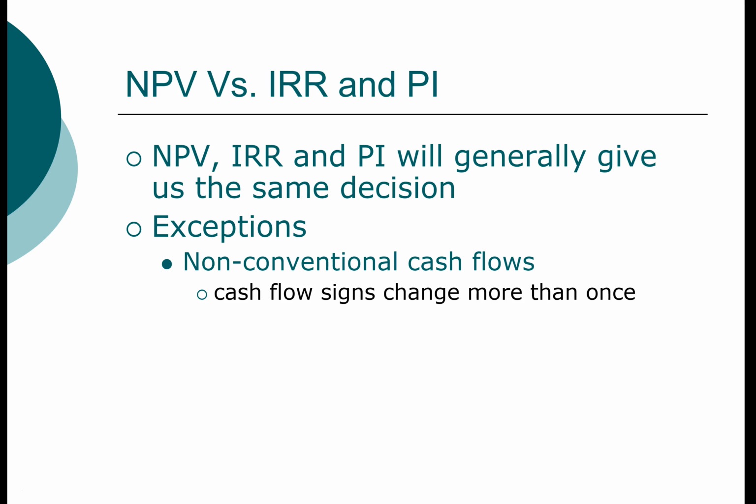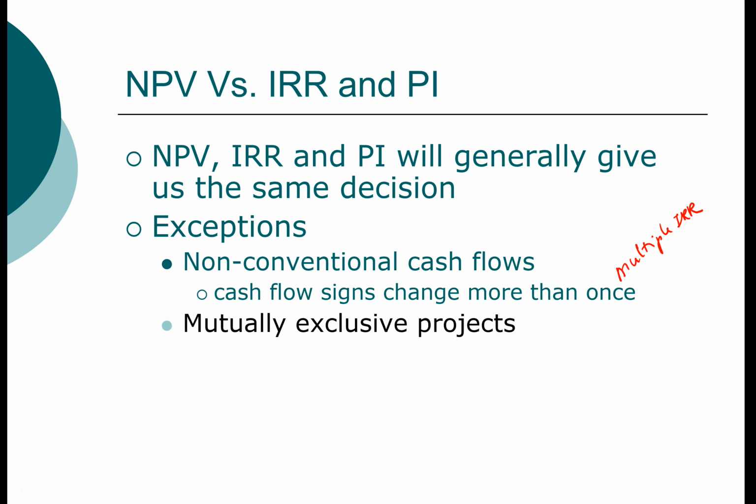If it does, the problem that we may experience is multiple IRR. And the only way to determine whether multiple IRR is a problem is by drawing the net present value profile. If that happens, we will need to compute something called the modified IRR.